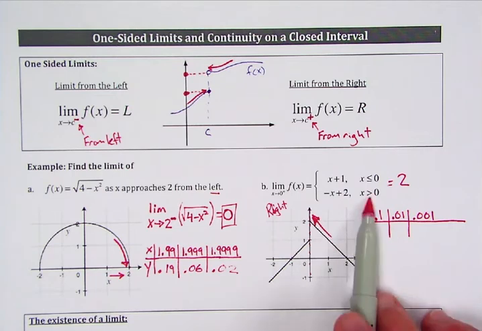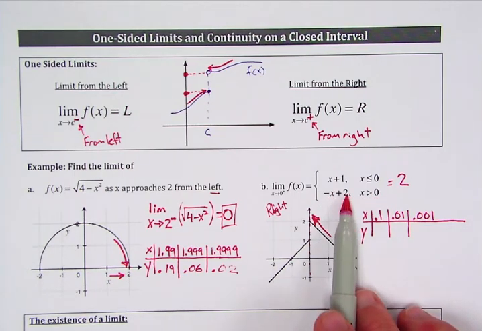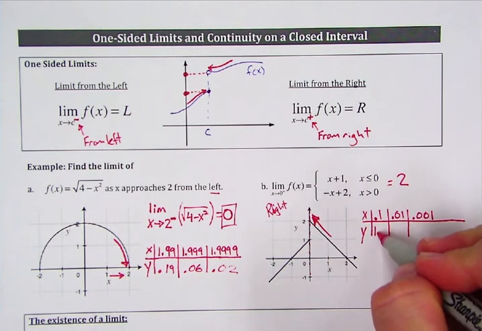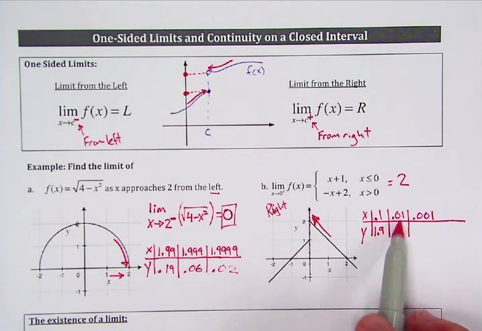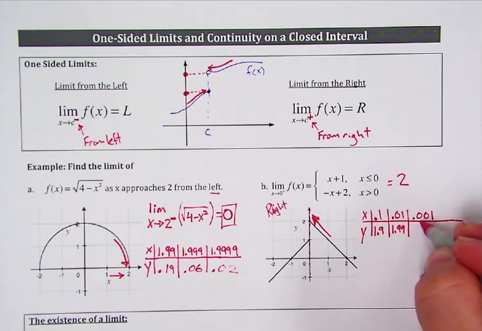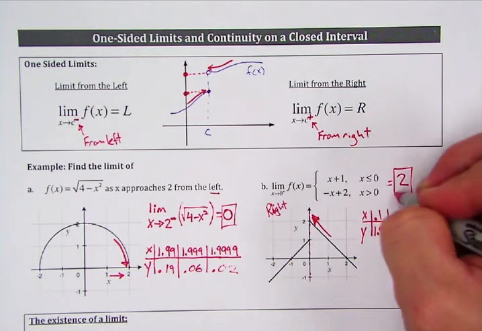So we're going to be greater than 0 here. It's negative x plus 2, so it's really 2 minus whatever we have up here. 2 minus 0.1 is 1.9. 2 minus 0.01 is 1.99. 2 minus 0.001 is 1.999. And you can see that this is going to our value of 2.